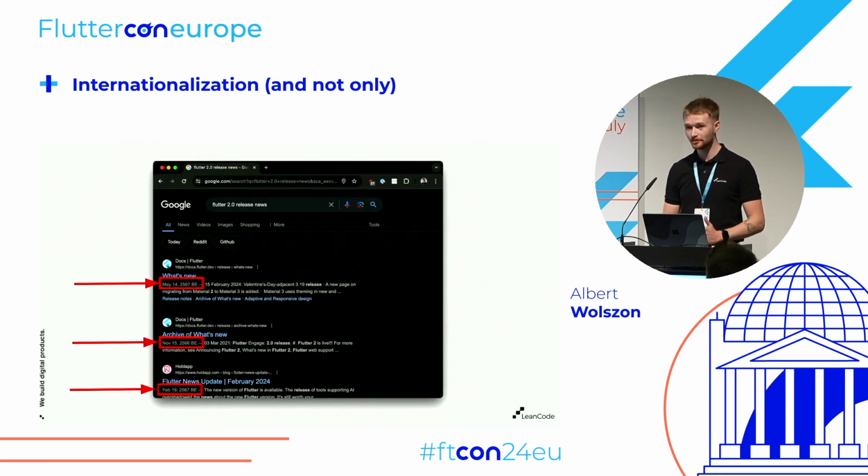But seriously though, when I was doing some Google search, totally not related to my daily work, I noticed this very weird thing. I was looking for Flutter 2.0 release news, which was actually in the past, but I got dates in the year 2500, which I think wasn't there yet.